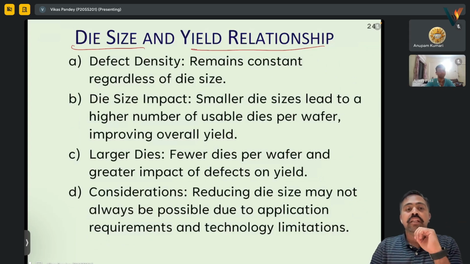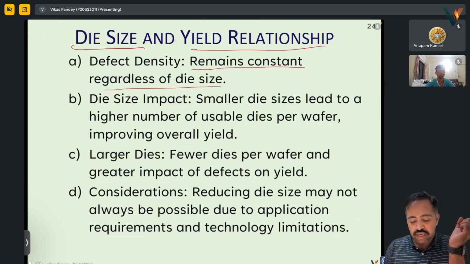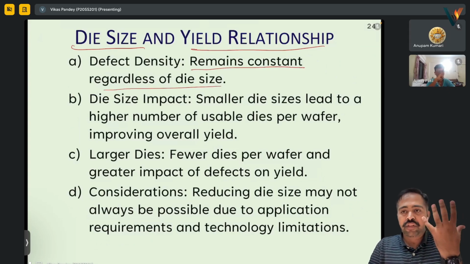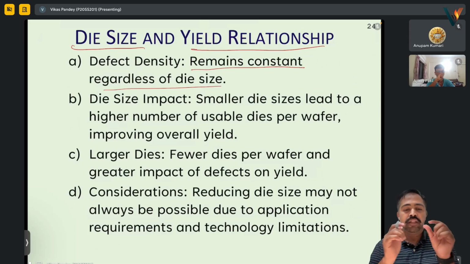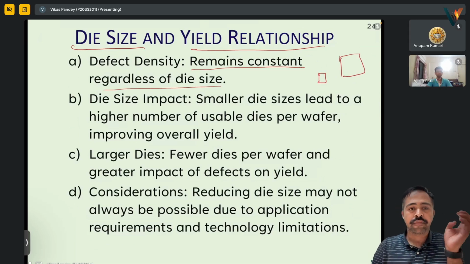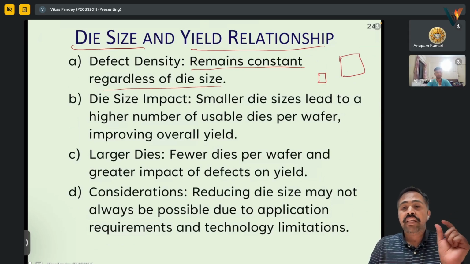So there is a relationship between die size and yield. The defect density remains constant regardless of die size. The defects will remain, whether it is a small die or a big die. Smaller die size leads to a higher number of usable dies per wafer.